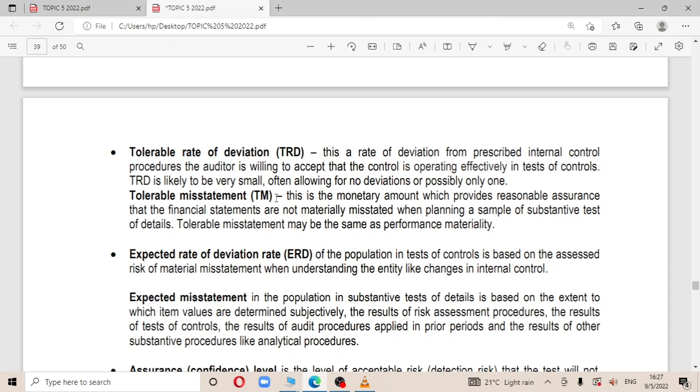Excuse me, sir. You have said that if you find that the entity is having effective internal controls, you can set your tolerable misstatement low. Like, yes, the sampling size. What do you mean by low sampling size?